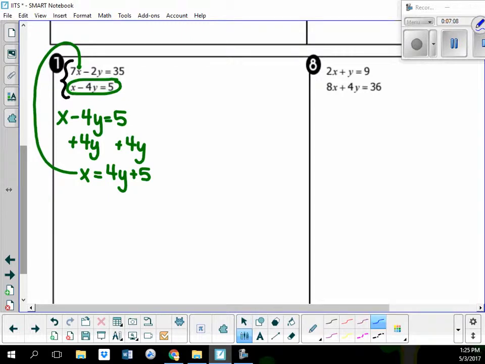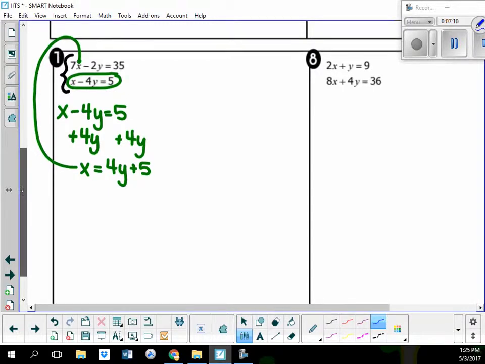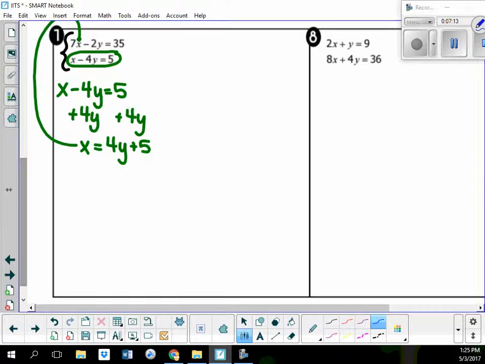So let's check this one out. I'm going to substitute 4y plus 5 in for this x right here. So I have 7 times x, but instead of x, I'm going to say 4y plus 5, minus 2y equals 35.